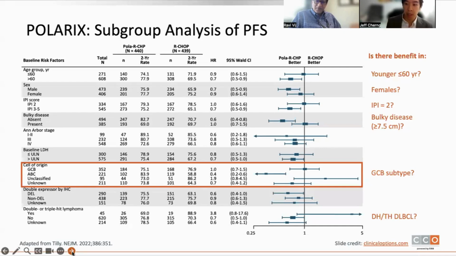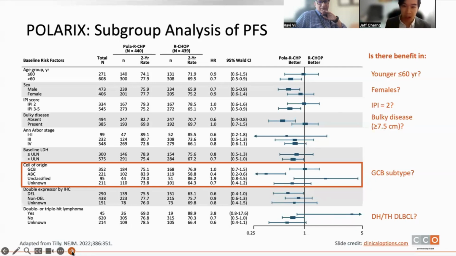CD79B is an important part of the B cell receptor signaling pathway, which ABC subtype DLBCL is more addicted to than GCB subtype. And at least from some of the retrospective studies, there does seem to be a preferential signal for that subtype in those other trials as well.